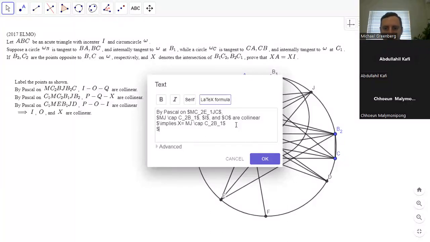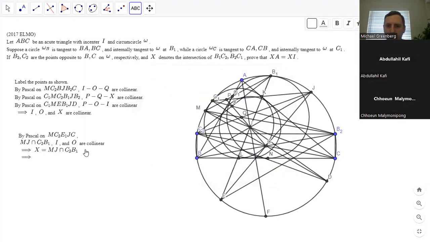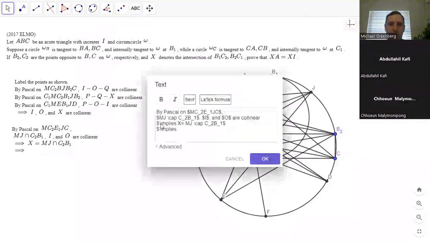And that implies X lies on JM. But by the in-center external lemma, JM is the perpendicular bisector of AI. And so that implies that XA equals XI.